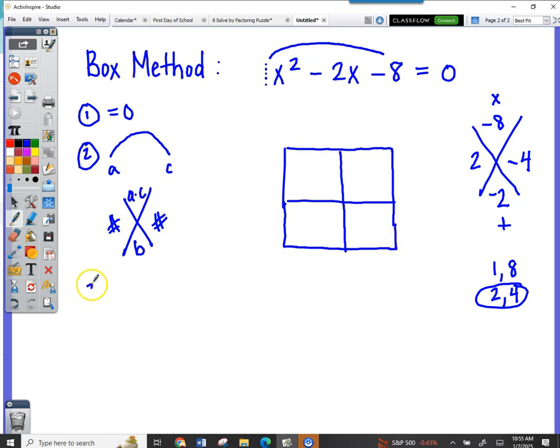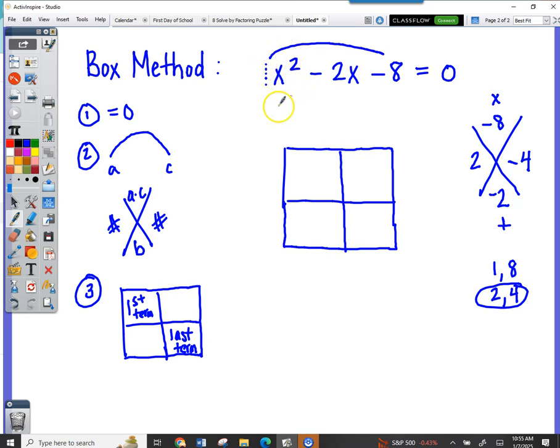I'm going to come over here and remind you, in the box, if you recall, first term, first box. Last term, last box. Remember that? So the first term is x squared. The last term is negative 8.